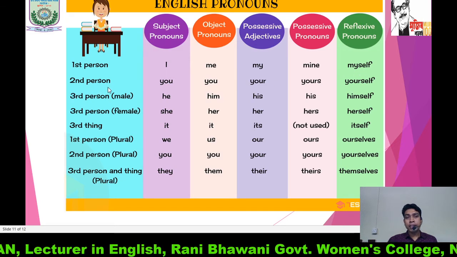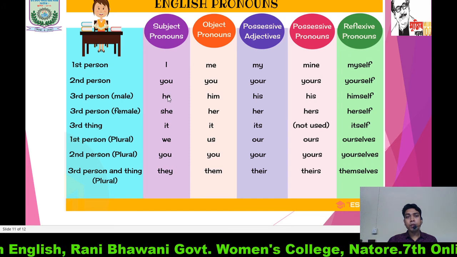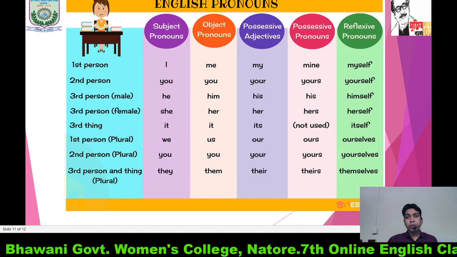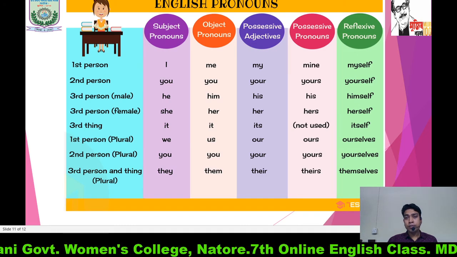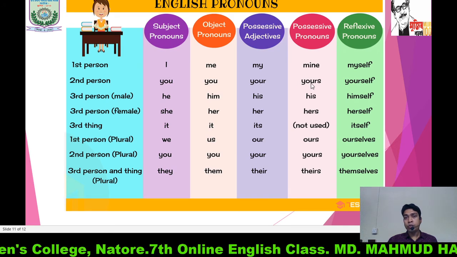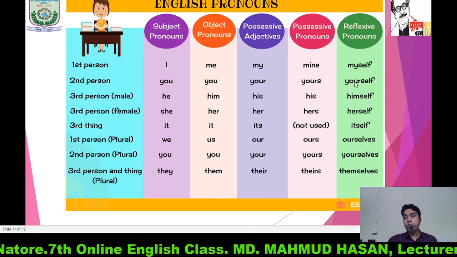In case of second person you, subjective form you, objective form you, possessive adjective form your, possessive pronoun yours, reflexive pronoun yourself.